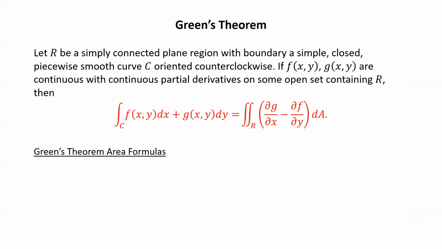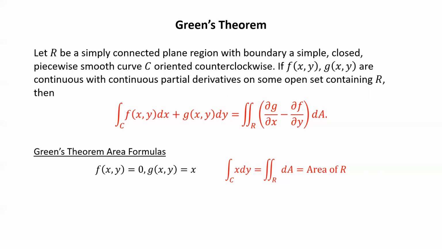Green's theorem allows us to derive a few really nice area formulas where we use line integrals to compute areas instead of double integrals. First of all, we can replace f by 0 and g by x in the formula for Green's theorem, to get that the line integral over C of x dy is equal to the double integral over R of dA.